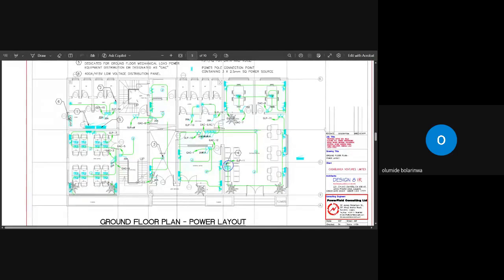Let me send us this drawing, so that it can be used to establish what I'm talking about now. But I just want to use something easier for us so that we won't be having an issue of this and this and this.